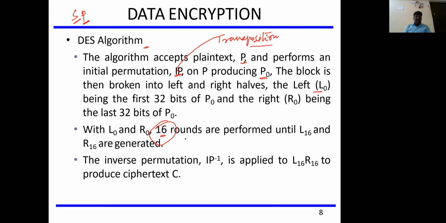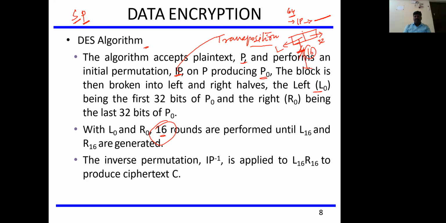The idea behind the Data Encryption Standard is that the input it accepts is 64-bit data, which is applied to the initial permutation, where the positions of the plain text are rearranged. After that, the entire 64 bits are divided into two halves, the left 32 and the right 32. Then we perform a sequence of operations on the left half of the data, 16 rounds or 16 steps.